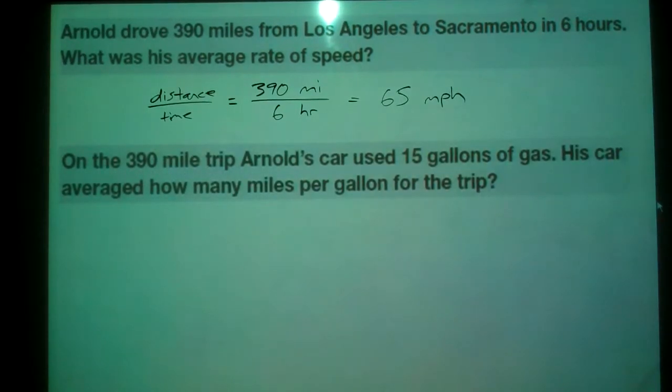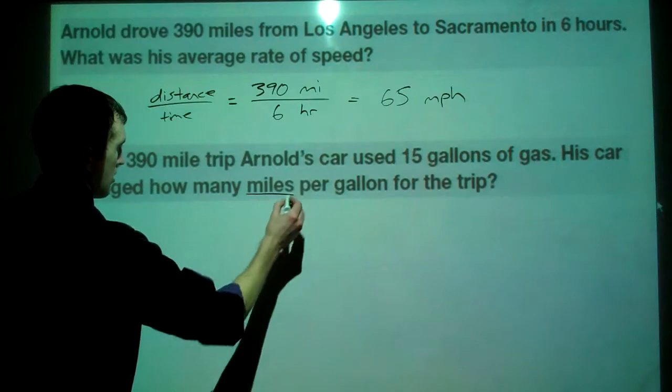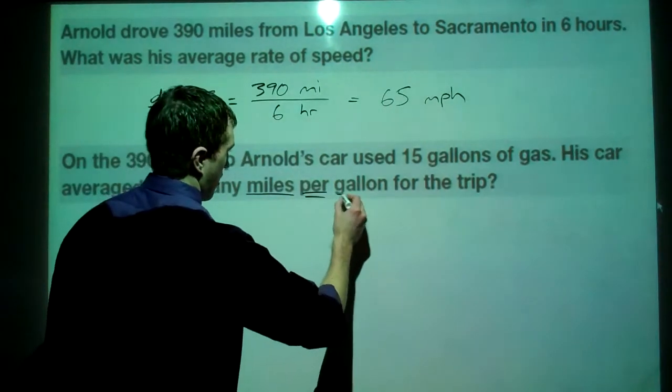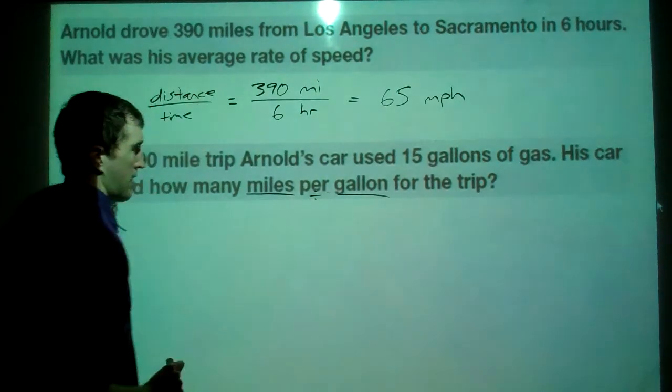So if we were to do this one, I'll just kind of take us through it, we won't do this one. On the 390 mile trip, Arnold's car used 15 gallons of gas. His car averaged how many miles per gallon? This actually sets us up for us. Miles per gallon, or miles divided by gallons.